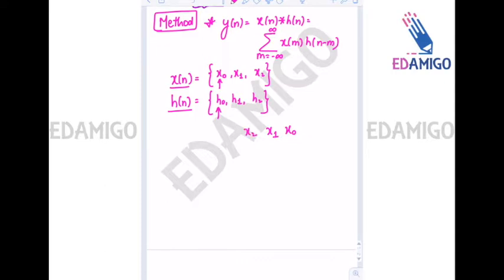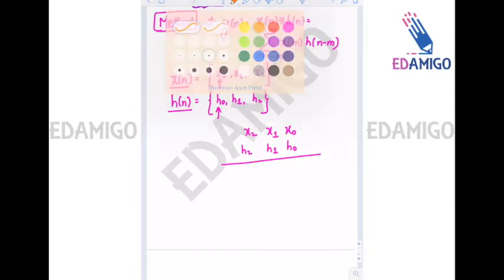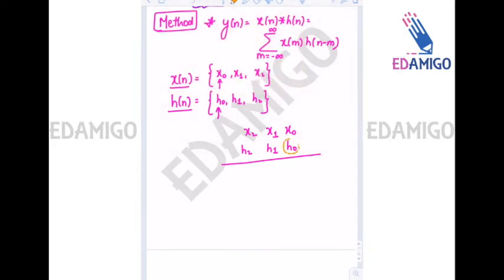I will write it in this order, and h0, h1, h2 below. Now I will multiply these numbers as we used to multiply in maths. First of all we multiply h0 with x0, then with x1, then with x2, like we do in maths.